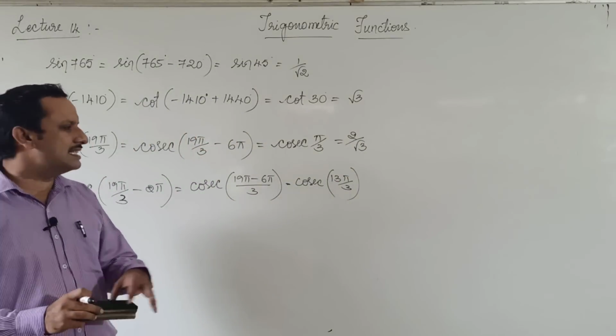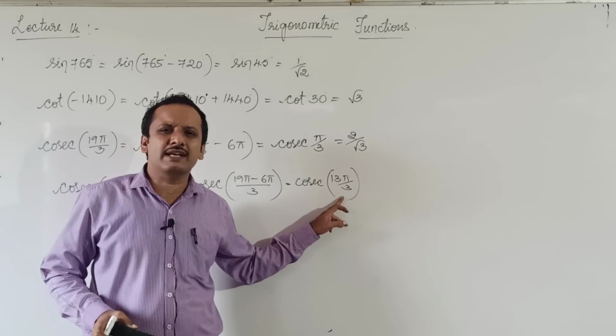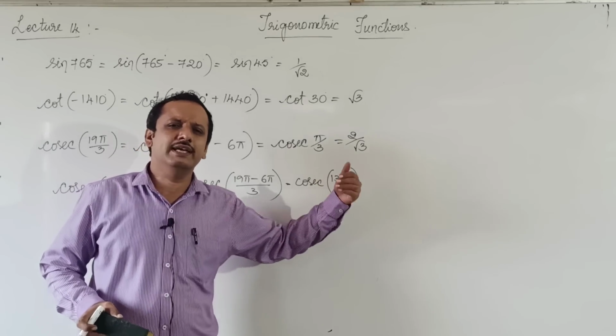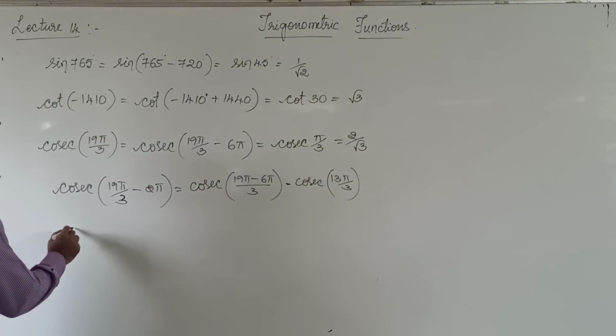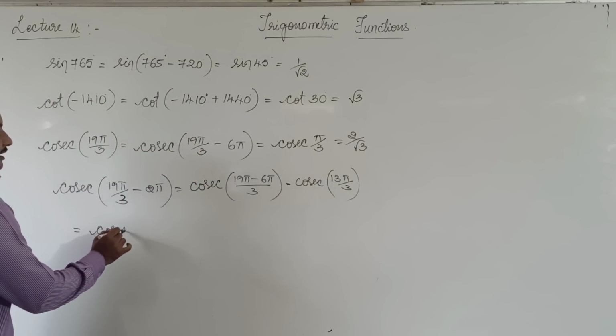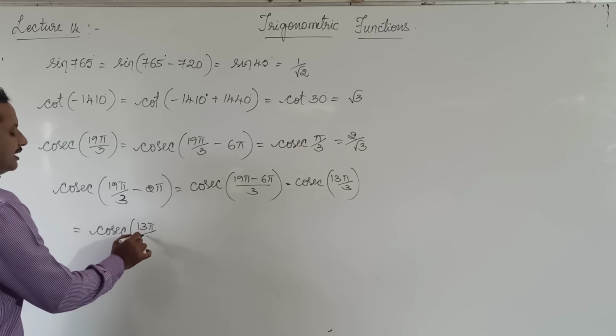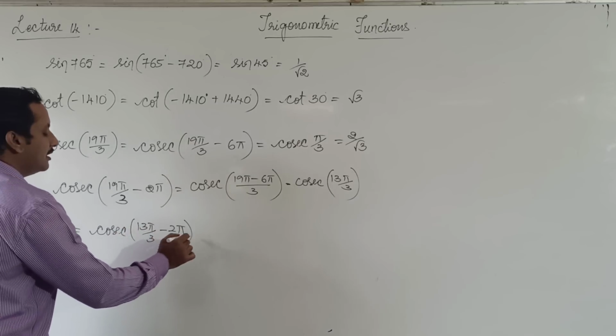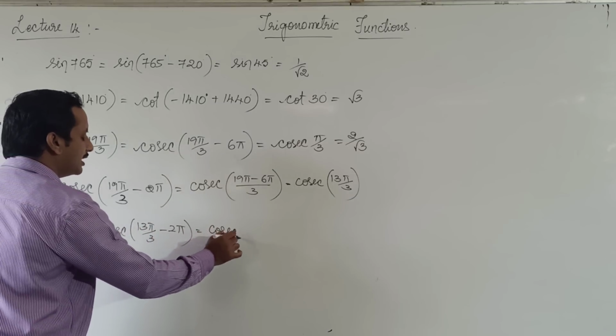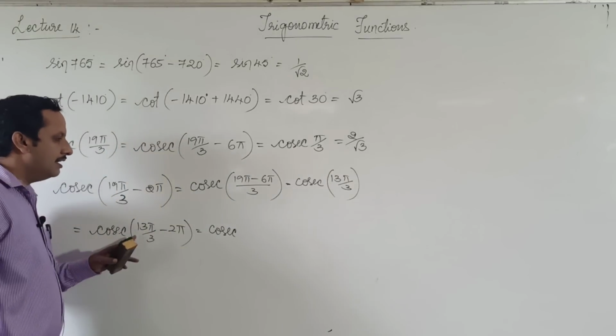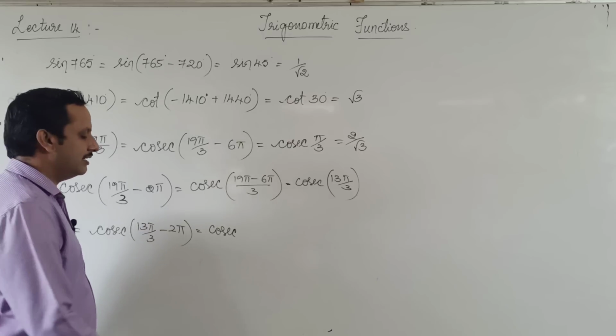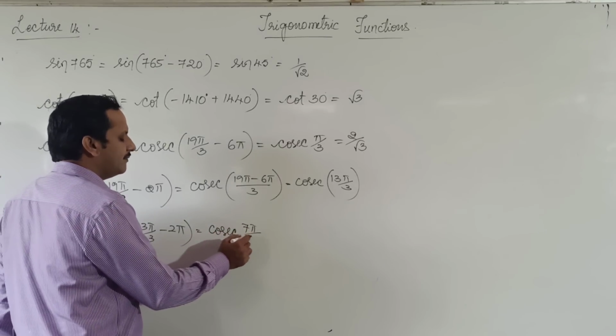Okay. But this 13 pi by 3 is also greater than 2 pi. What to do? Again subtract 2 pi. That's equal to cosecant of 13 pi by 3 minus 2 pi. This will give you cosecant, 3 into 2 pi, 6 pi. 13 pi minus 6 pi, that is 7 pi by 3.